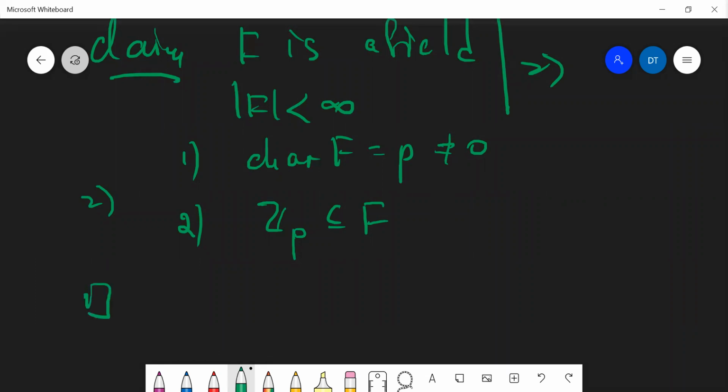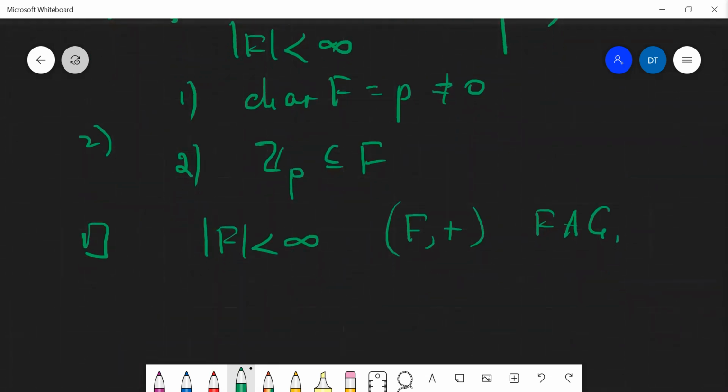If our field is finite, then this is a finite abelian group, and in a finite abelian group, each element has a finite order. So the order of the element 1 is also finite.